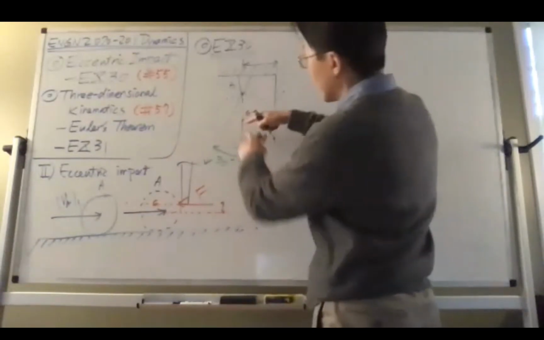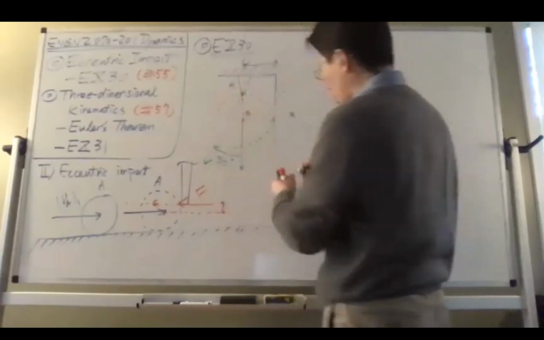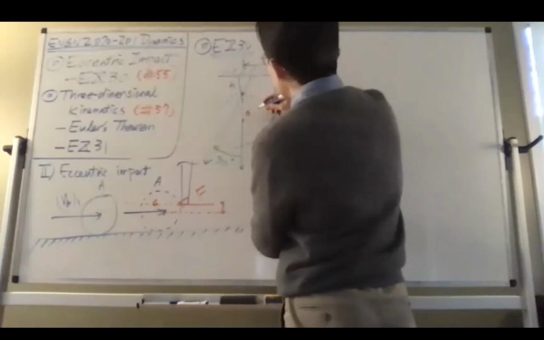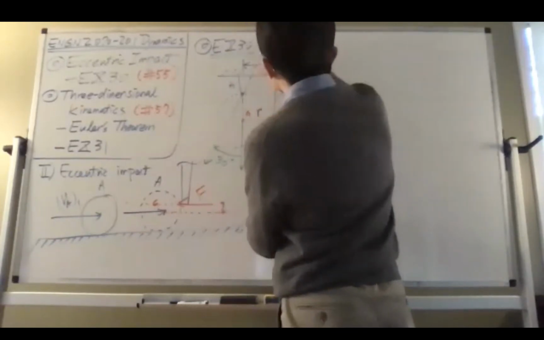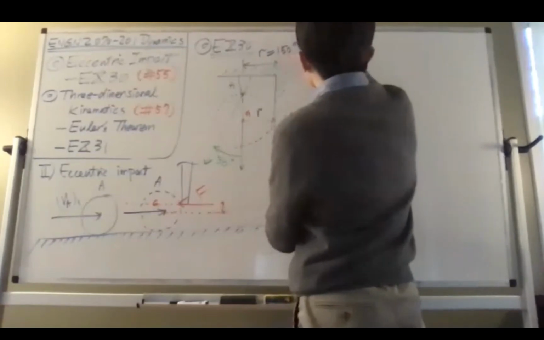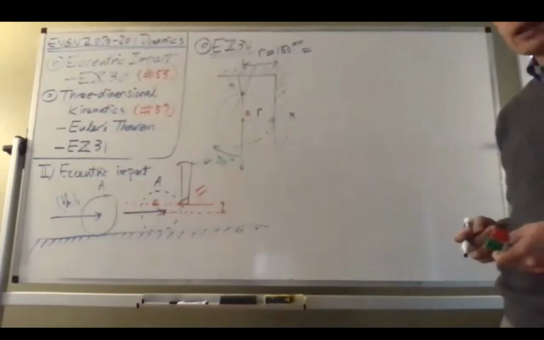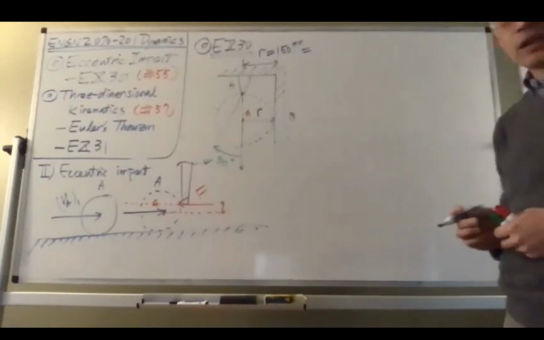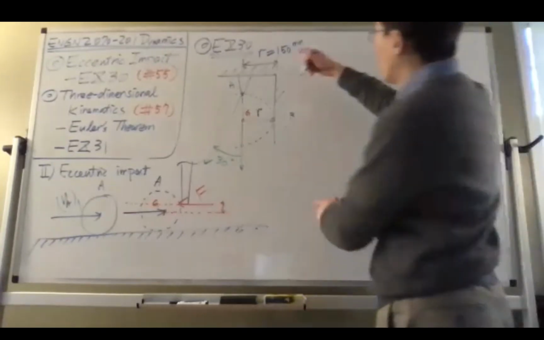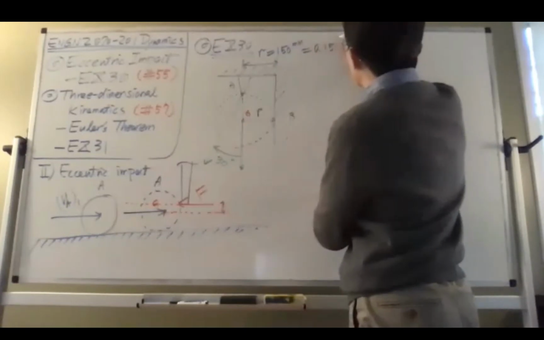Because I said this radius is the same distance from point A to the wall, the radius R here is exactly this value, and this value is 150 millimeters. Certainly you want to convert it to the standard unit. What is the standard unit here? The standard unit must be meters. Therefore, 150 millimeters is just 0.15 meters.